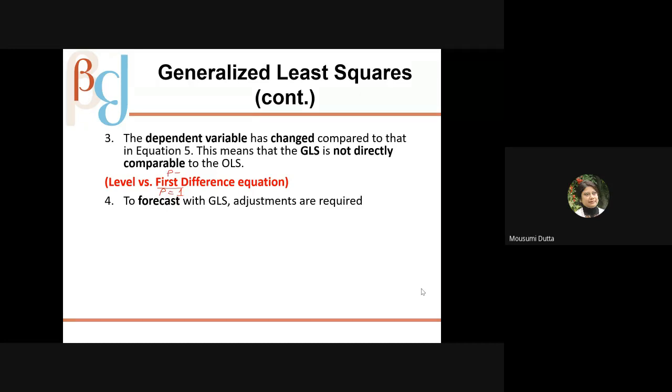The original model is called the level equation, and the transformed model is the rho difference or first difference.